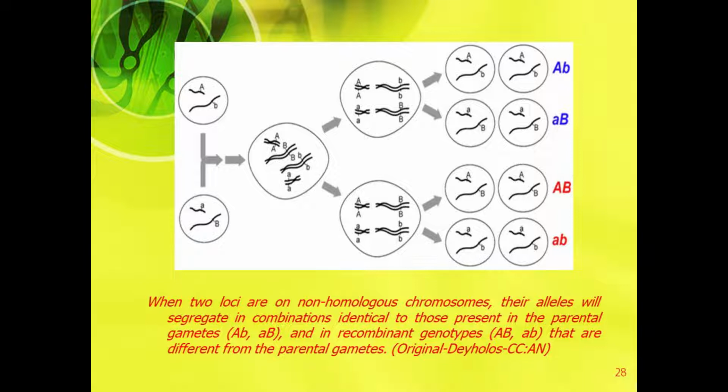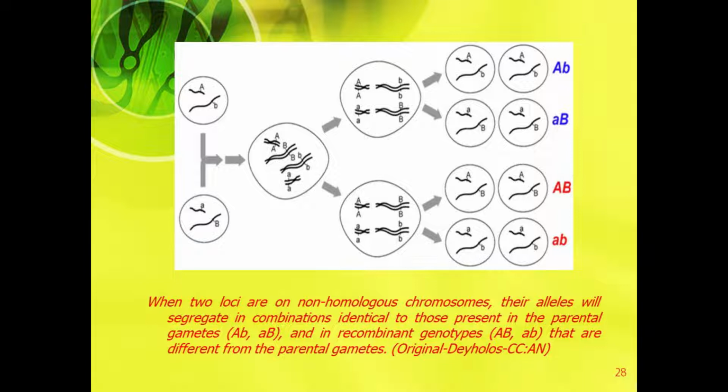Since the orientation is random and independent of other chromosomes, each of the arrangements is equally possible for two unlinked loci as shown in this figure. More precisely, there is a 50% probability for recombinant genotypes and a 50% probability for parental genotypes within the gametes produced by a meiocyte with unlinked loci.